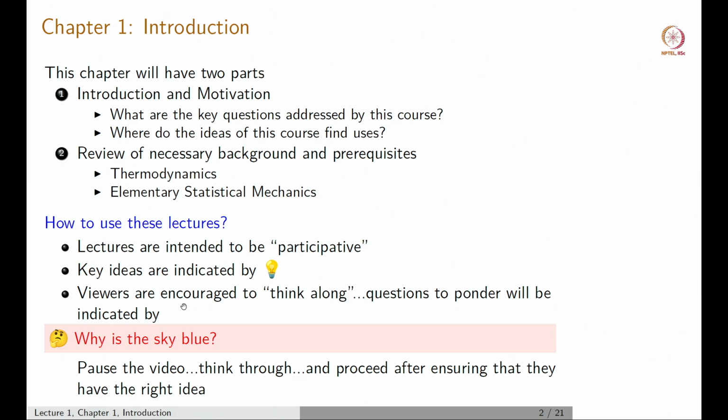And viewers are encouraged to think along, and I have included certain questions that will be posed to the viewer, and I encourage you to answer the questions before you proceed. You can pause the video, answer the question, and then proceed. So this will allow you to get a deeper understanding of the subject.